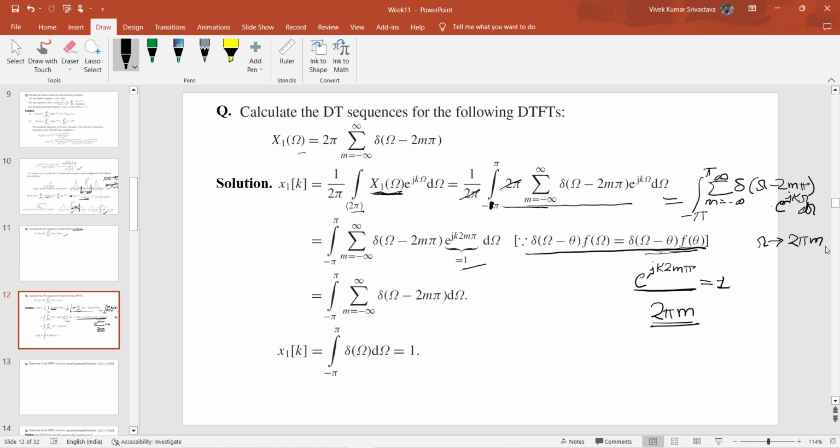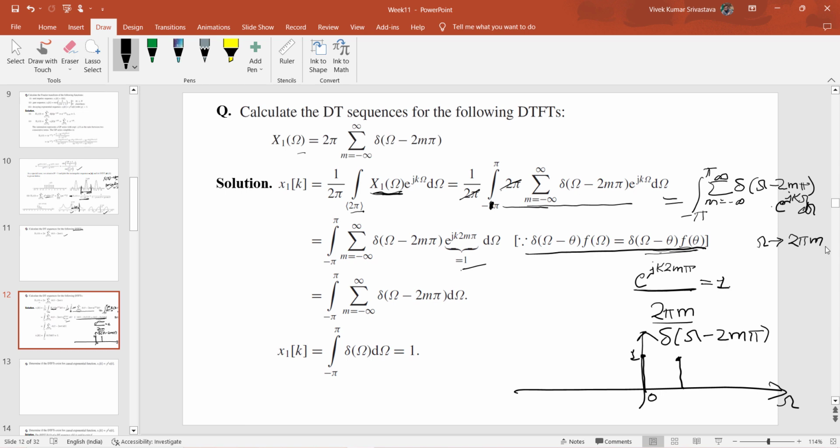Once I put this, the remaining term will be the integral from minus pi to pi of summation m from minus infinity to infinity delta of omega minus 2 m pi d omega. Now if you plot this function, delta of omega minus 2 m pi has a value of 1 at omega equals 0.